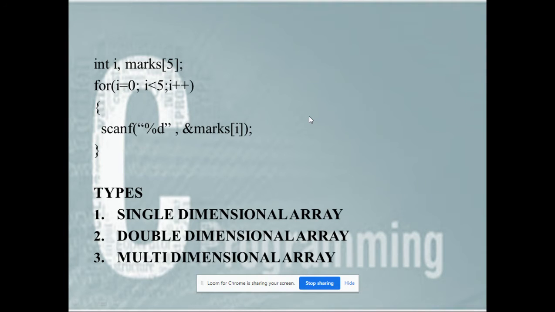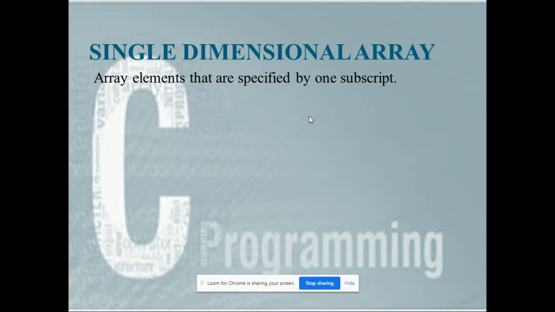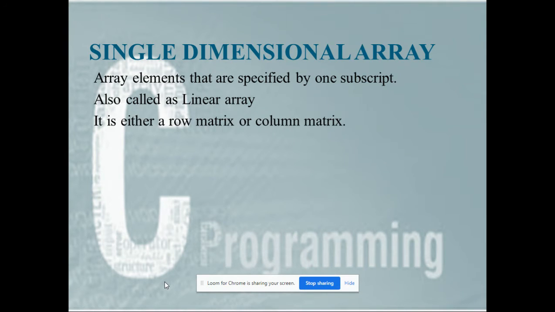Okay, let us see this in detailed format. So first thing, single dimensional array. Here it is specified using one subscript. What is a subscript? Yes, the size of the array, that is given only one, that is one subscript. It is also called a linear array. Linear is nothing but a straight, one after the other sequence. And it is either a row matrix or a column matrix.